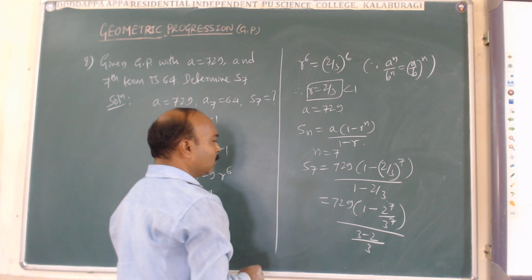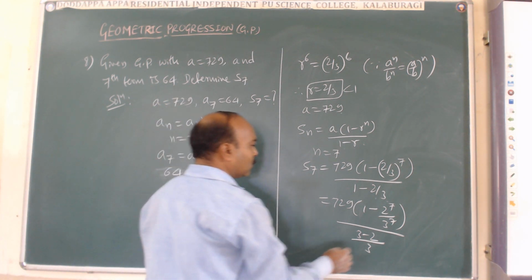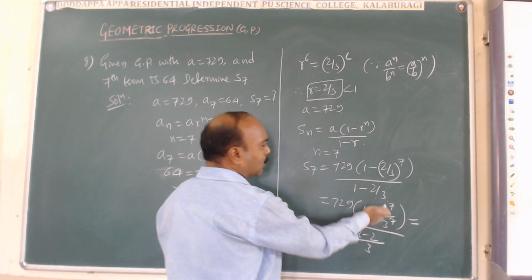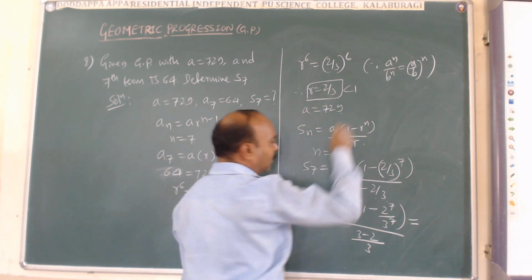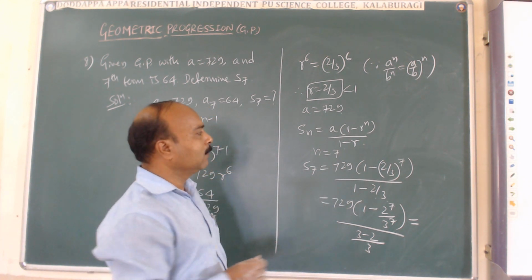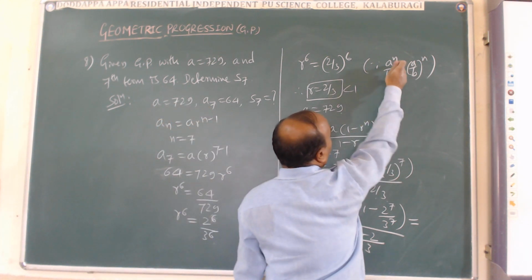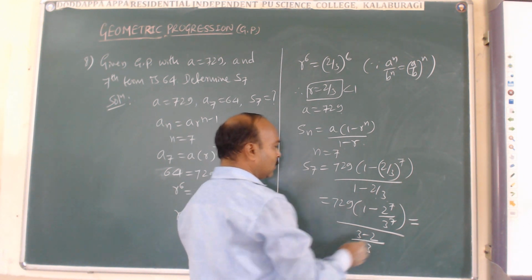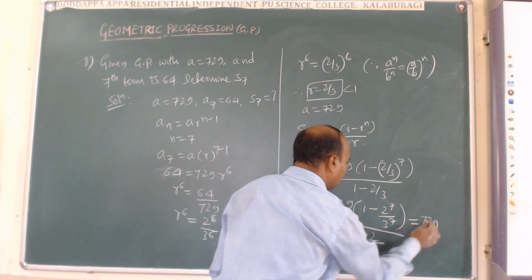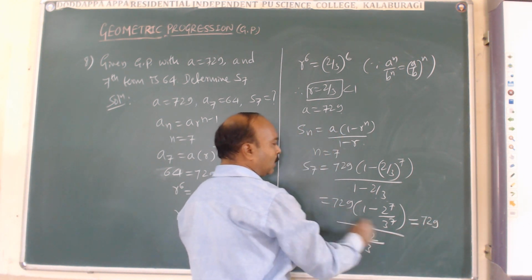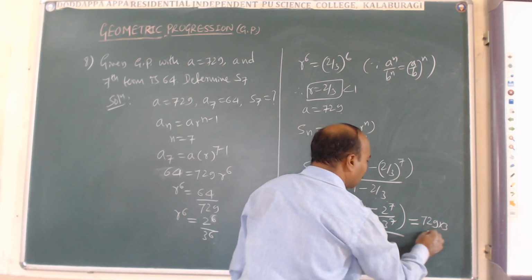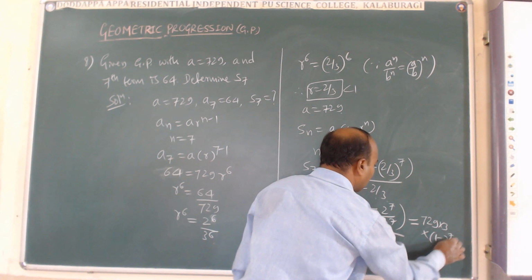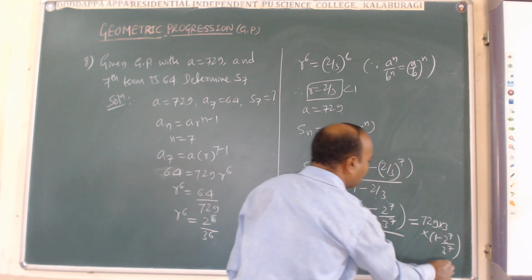Now simplifying this, we use again the same indices formula, a^n by b^n equals (a/b)^n. It is reverse. Now 729 goes in the numerator, into 3, into (1 - 2^7/3^7).